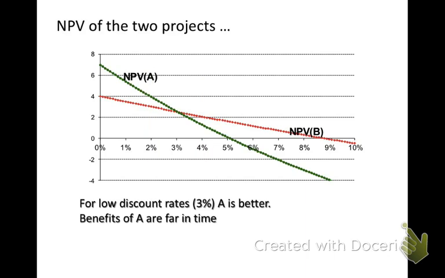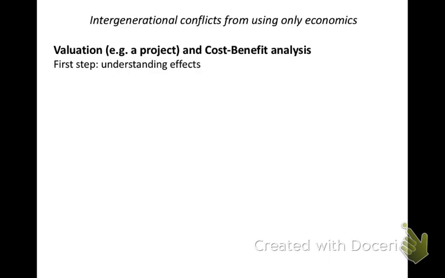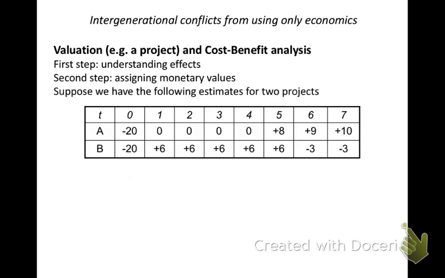And if we look at the temporal profile of the two projects, you discover that the benefits of A are far in time. Project A has a big initial cost and benefits in the future. Project B has a lot of gains at the beginning and then some cost at the end.